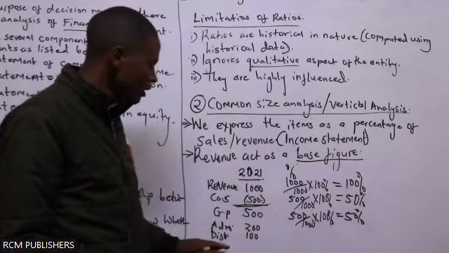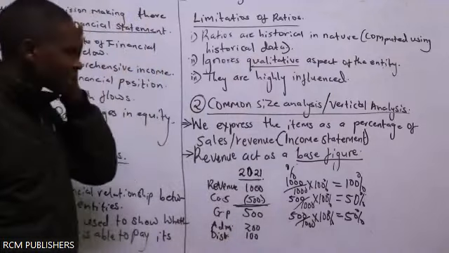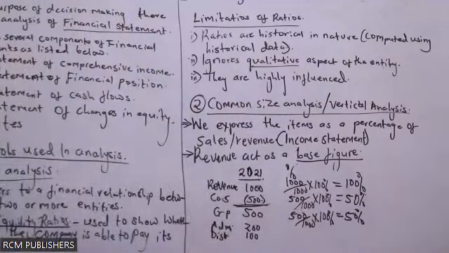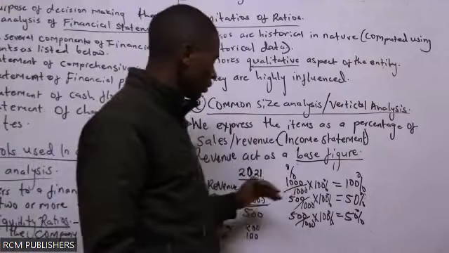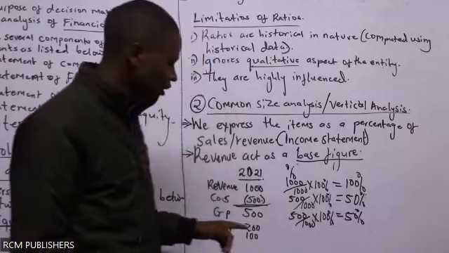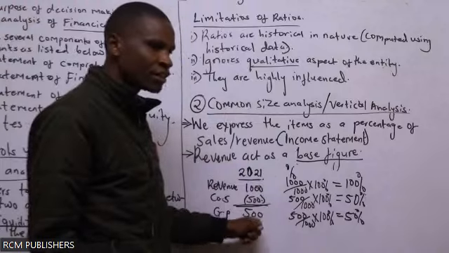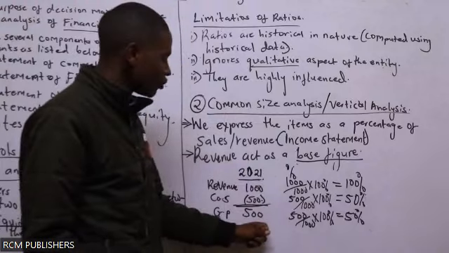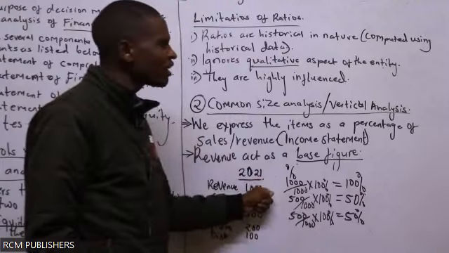We go to admin expense. Can you give me the percentage of that admin expense? We see there the ratio in regard to the revenue. We see that it is giving us 20% because she has appreciated the fact that you take 200 divided by the base figure, which will always be revenue.